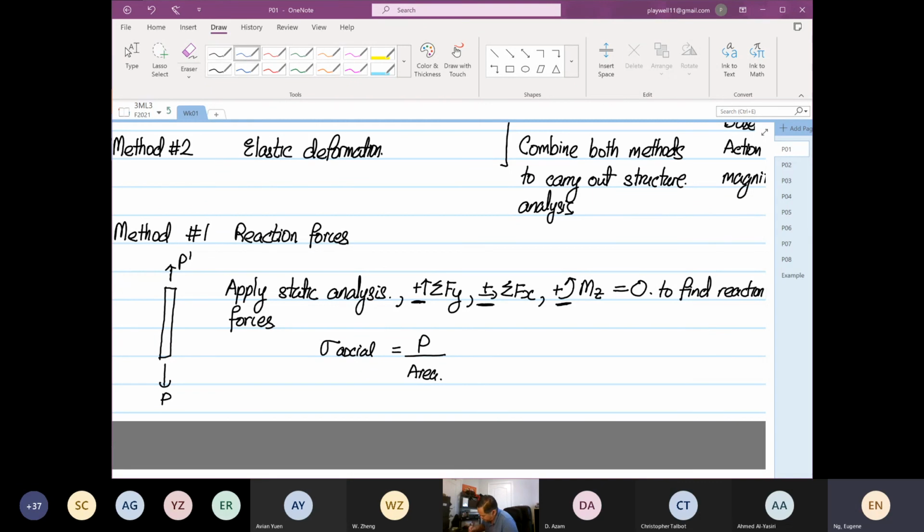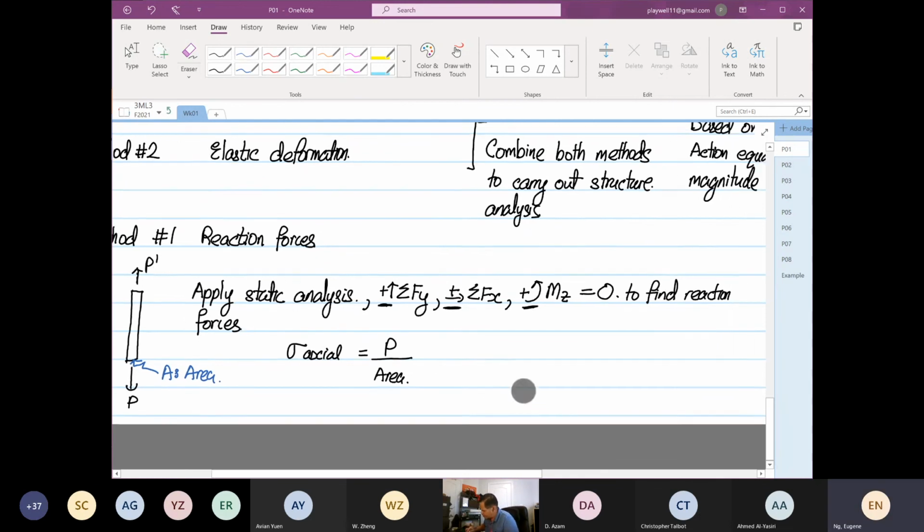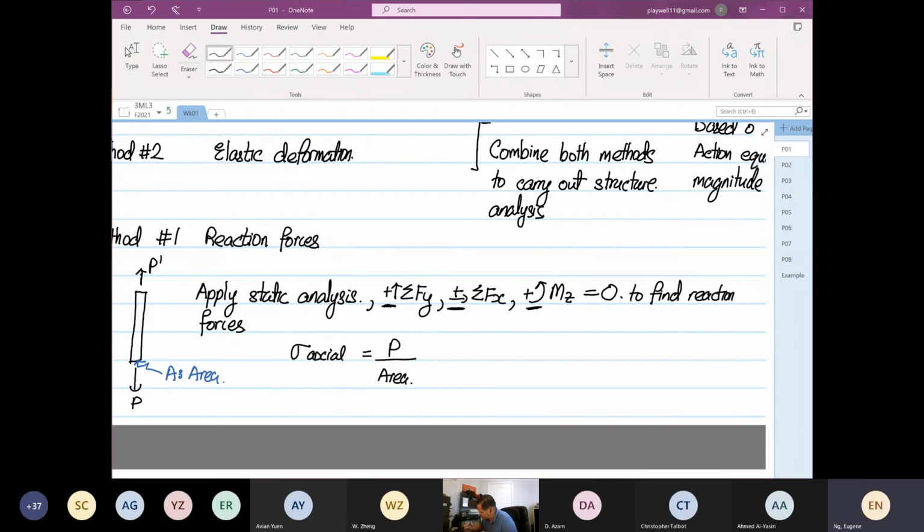So over here, this is the area, right? So once you get this axial stress, you're going to compare.